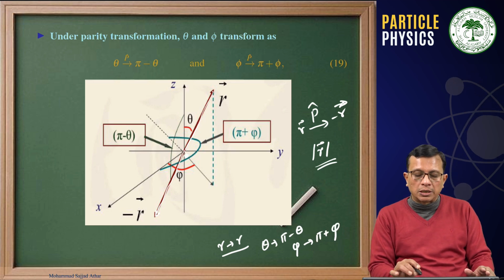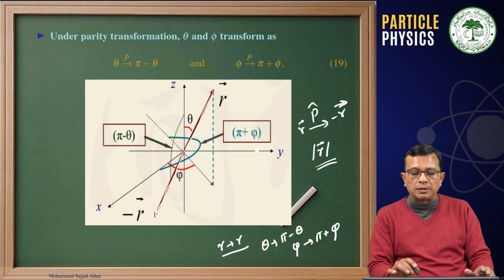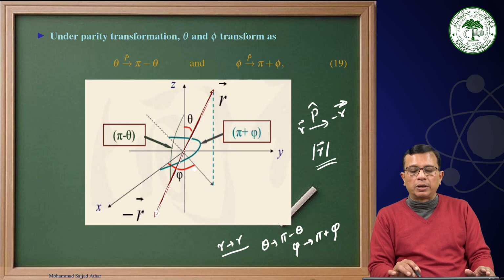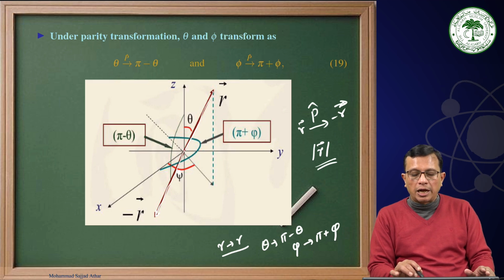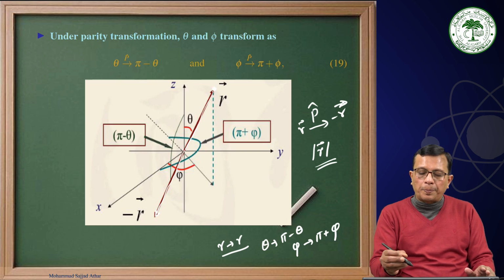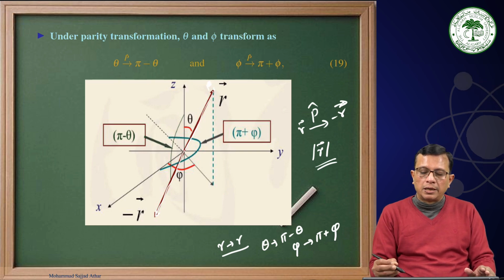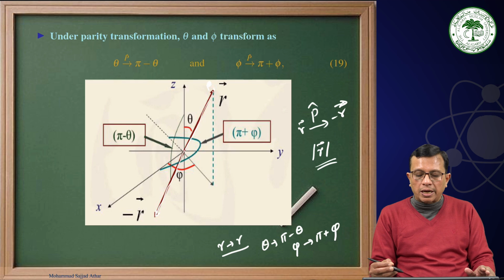This is what I have demonstrated here. If we have x, y and z coordinates, with the zenith angle theta and the polar angle phi, then for a point P we define this vector r.